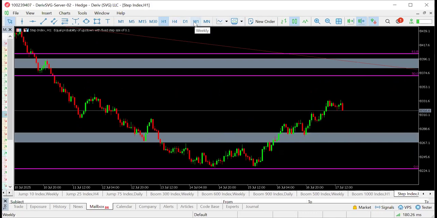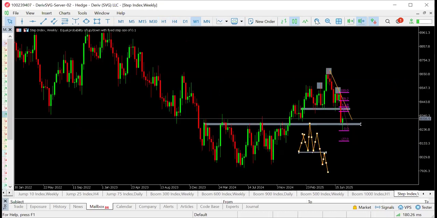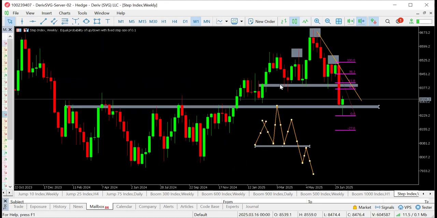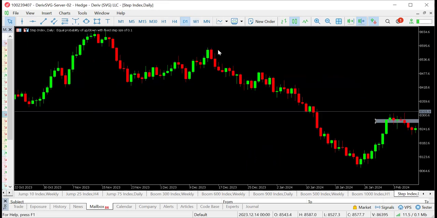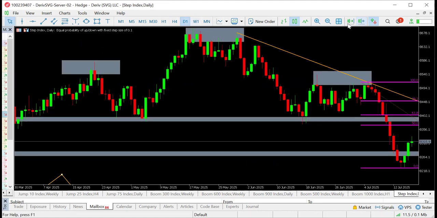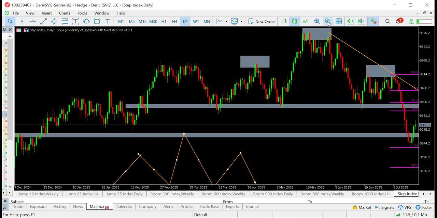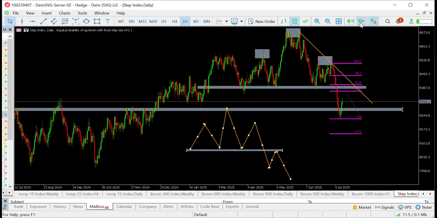So just to recap everything that we've said concerning this particular index, we said it was initially in an uptrend. We experienced a change in character in the weekly time frame, and then we went to the daily time frame where we saw that price has formed what? A head and shoulder pattern. So we added our other confluences, which were the resistance zone acting, the support zone just broken, which was acting initially as the neckline, and we added our what?